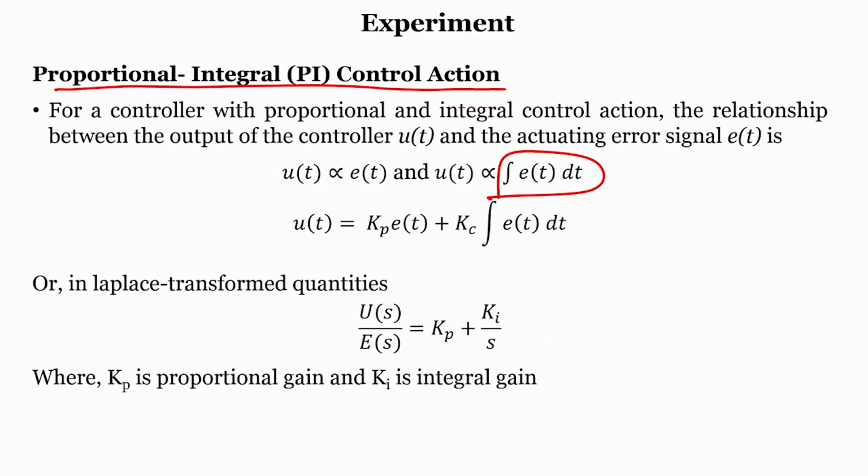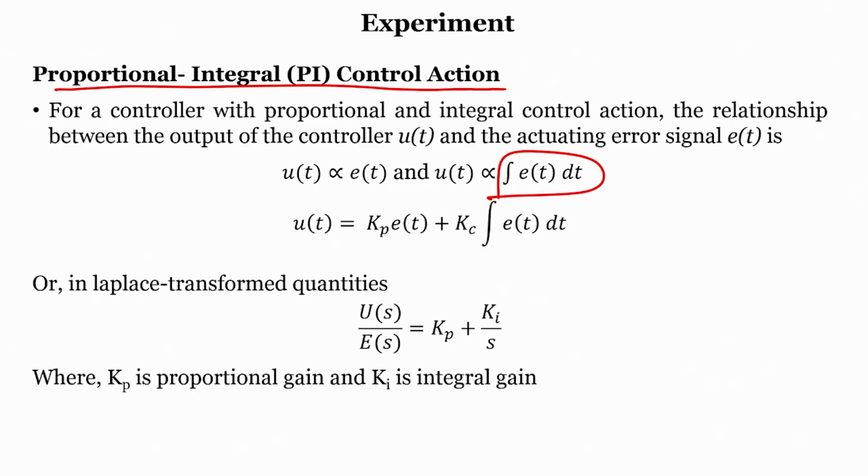In this case, it not only depends upon the present error, it depends upon the summation of your previous errors, the accumulation of error. That decides the manipulated variable in this case. Whereas in a proportional controller, you do not have such intelligence. It is completely proportionate: the error value changes, the output will change by the factor of the gain that you have set.